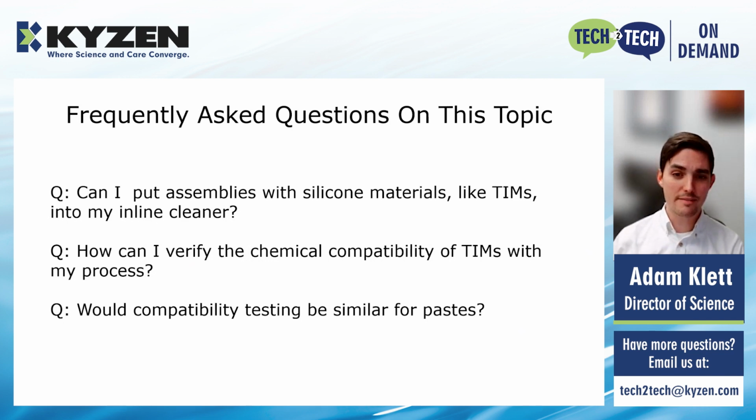And the second question is, how can I verify the chemical compatibility of TIMs with my process? And it's a very similar process to what I just described. We recommend the static and the dynamic testing to see how the material behaves on its own in a bulk sense. And then we also like to make sure that we test the dynamic testing, which does take into account your specific process parameters.